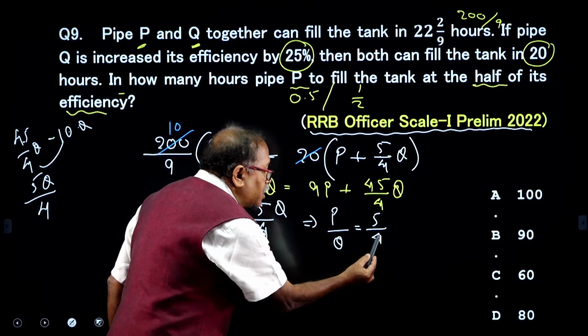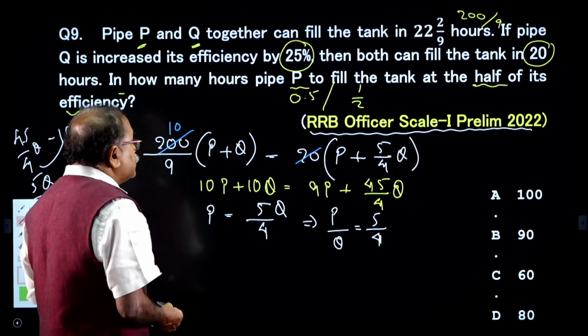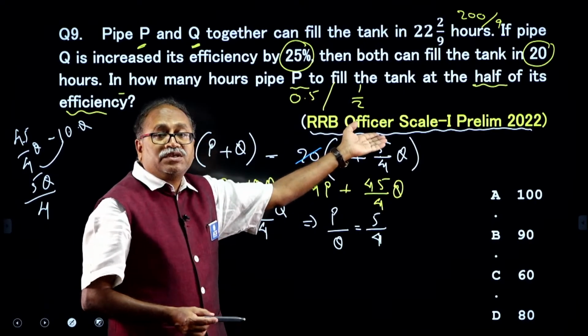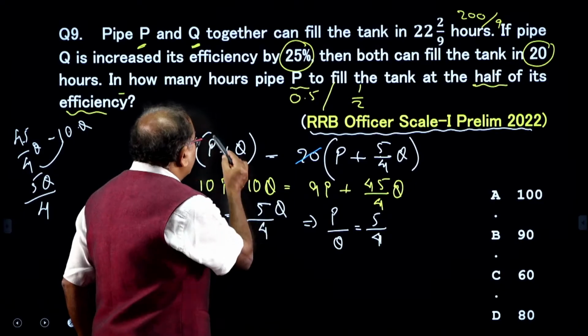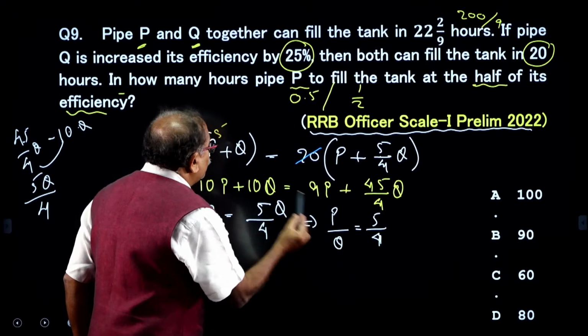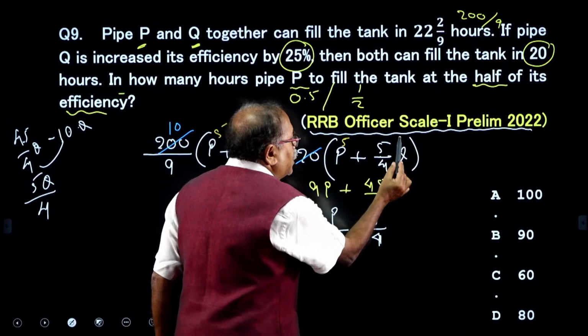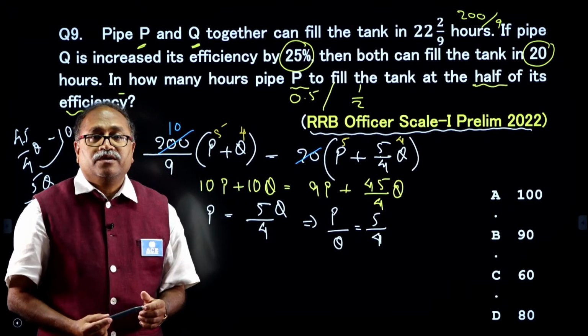Once I got their efficiency, then replace their efficiency. I am not creating a complicated question, it is already mentioned which question I picked up. Now, replace P by 5 and Q by 4. You will get the total work.